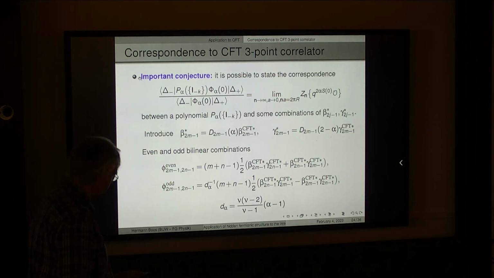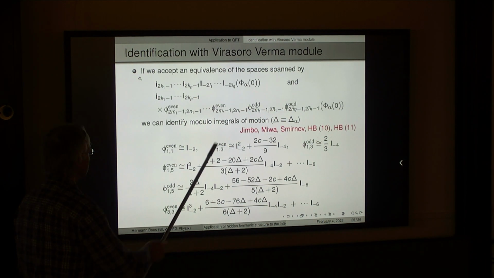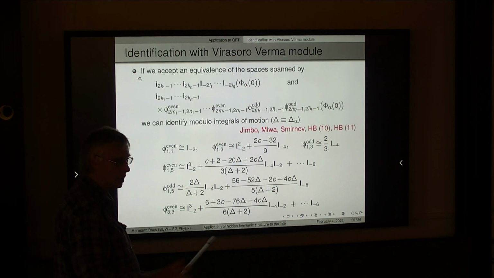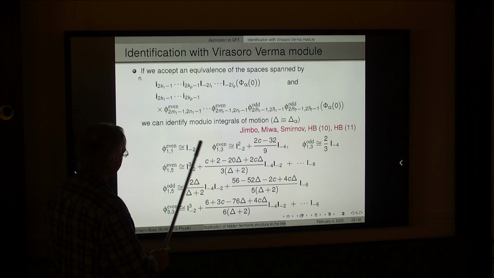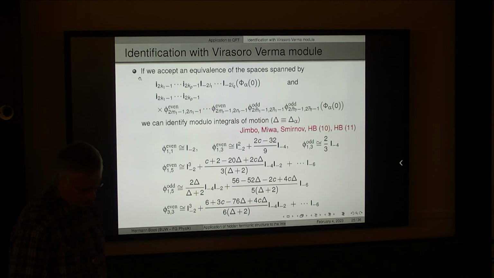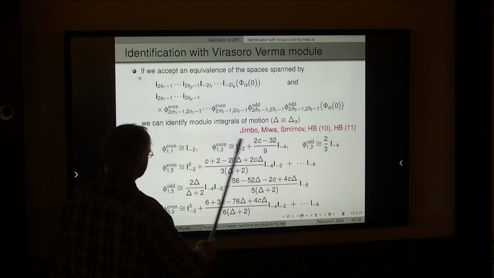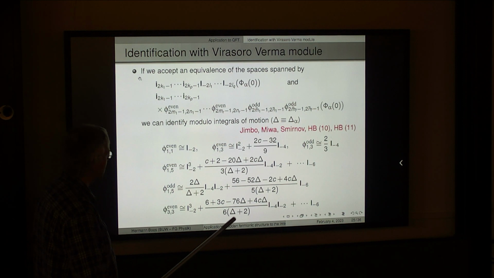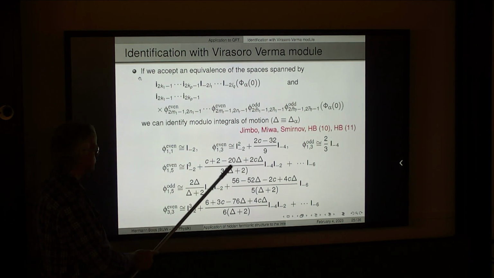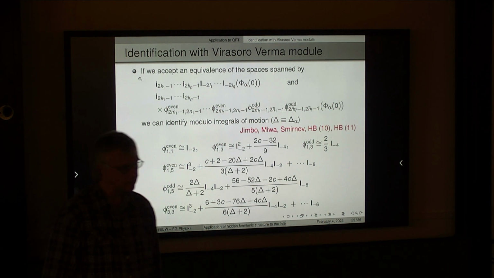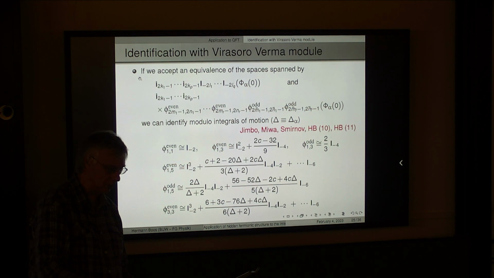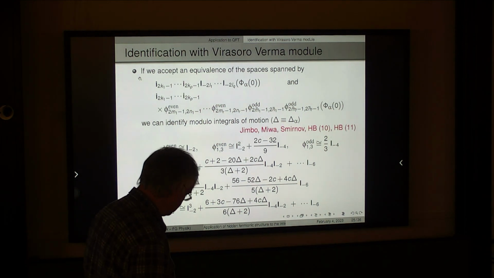Maybe I will not repeat this. So there are several explicit identifications of modular integrals of motion, fermions and Virasoro generators. In all these cases, there is actually a polynomial with coefficients which are rational functions with respect to C and delta. But as Fedya said, starting from some level, they become complicated, unfortunately.